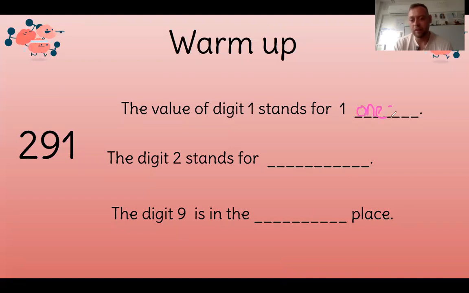Because if we'd been clever and reminded ourselves, we know what our place value is, don't we? The digit 2 stands for 200. Or, like we said earlier, we could write 2 hundreds.